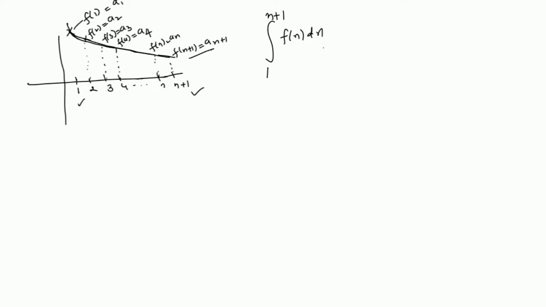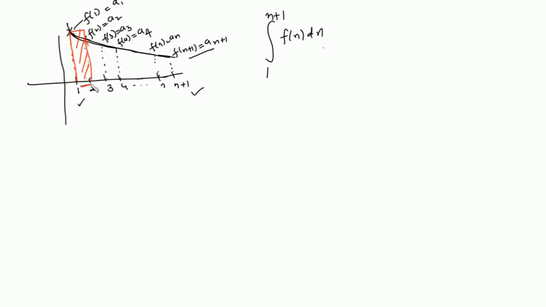So the area under this curve is nothing but the value of this integral. So now just see, what does this integral of f(n) represent? This represents the area under the curve. Okay, so if you find out the area of the rectangles, what will be the area of this first rectangle?